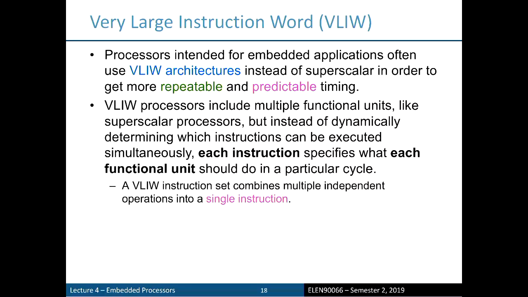So instead of writing a program and letting this magic hardware allocate things and dispatch things, you have the control over that. Okay, so you've still got multiple units that can do functions at the same time in parallel, but the instructions themselves say what to do.